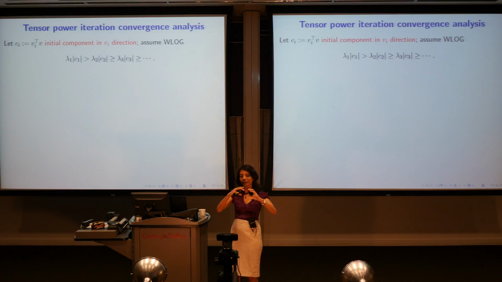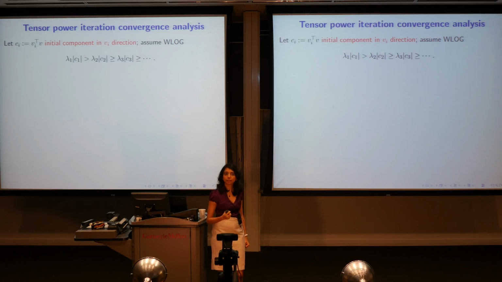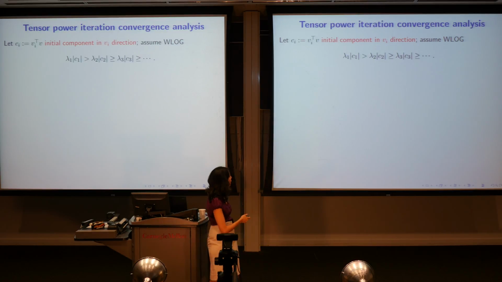So these Vi's are the different local optima. Think of it as now an optimization. There are multiple different local optima with their own basin of attraction, and that basin of attraction is characterized by the product of the eigenvalue times the correlation along the direction. So I'm going to converge to a component that maximizes this.